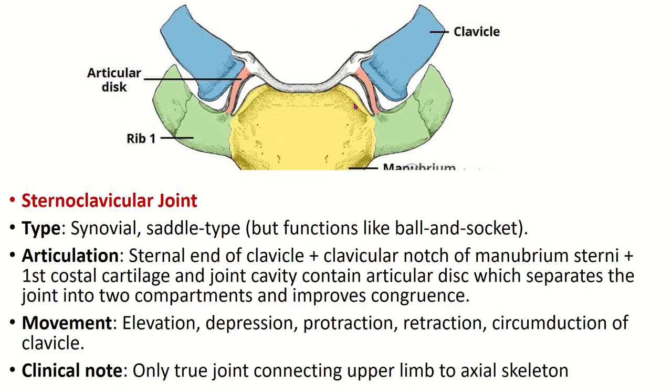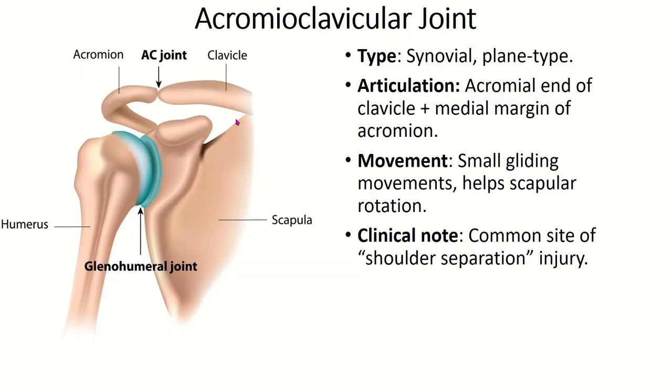It is the only true joint connecting the upper limb to the axial skeleton. The acromioclavicular joint is a plane type of synovial joint, and small gliding movement is present here, which helps in scapular rotation.